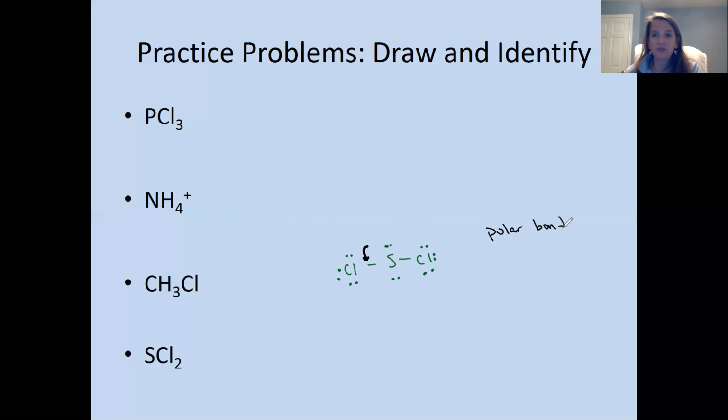Between these two, the sulfur and the chlorine, which one is more electronegative? Which one's going to have the partial negative charge because it's going to hog the electrons? The chlorine. The sulfur means it's going to have a slightly positive. Okay, now molecular polarity, are the ends the same? Yes, they're both chlorine. Are there lone pairs? Yes, there's lone pairs on the central atom, so that means it's a polar molecule.